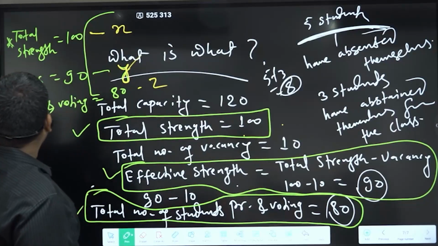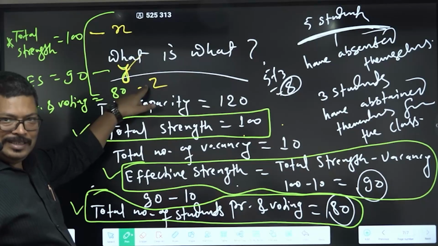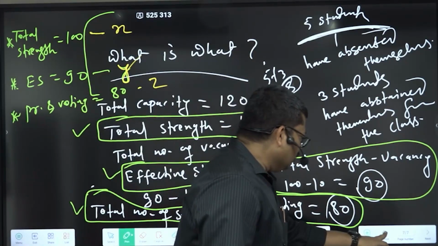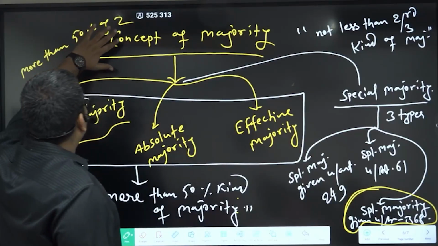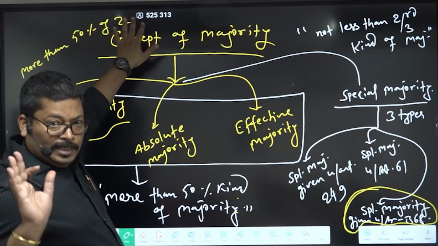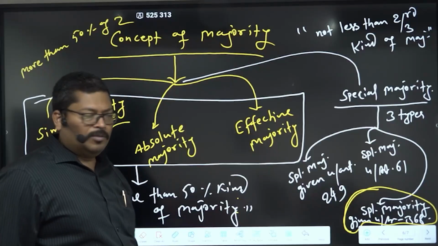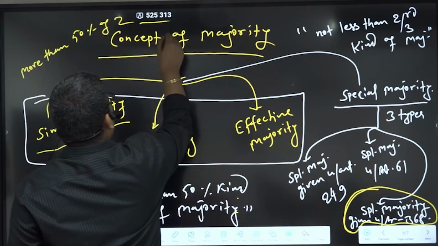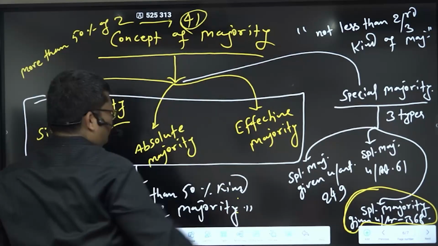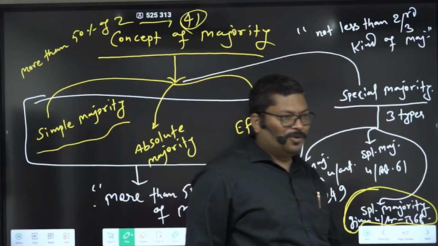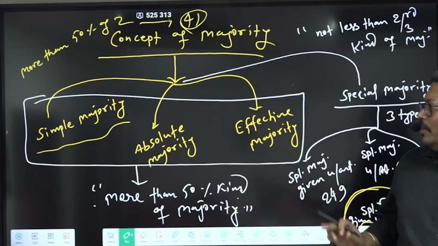The numerical value of Z is what? 80. So more than 50% of 80 would be what? 41. So 41 is simple majority.